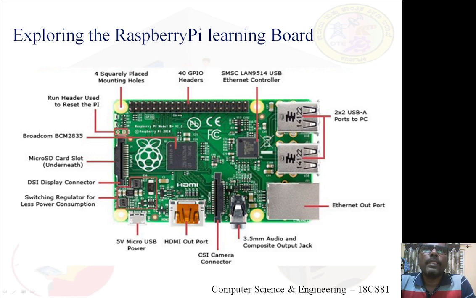Clear? Then we can see the USB Ethernet controller, switching regulator for less power consumption, DSI display interface, and at the corners there are 4 squarely placed mounting holes. Got it? There are 4 mounting holes. So this is about the Raspberry Pi learning board.